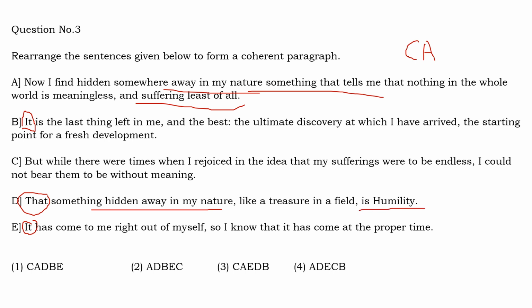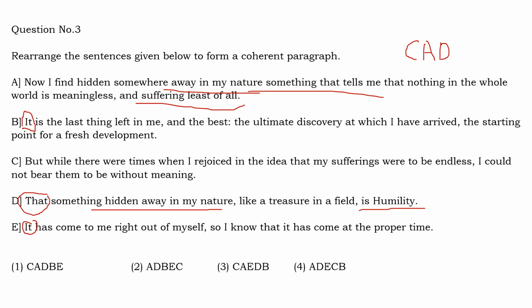So here he talks about what that something is. So CAD. Once you have this CAD, you can directly go to an answer here, because there is only one option with CAD as the answer, CADBE.